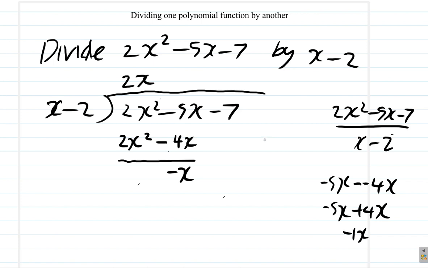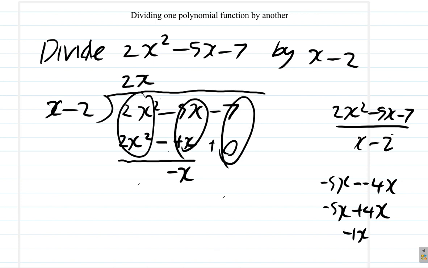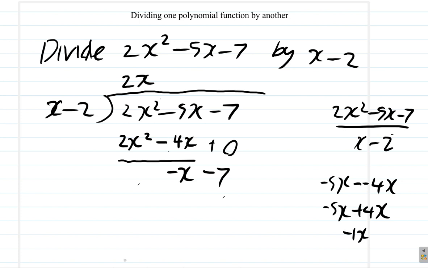Good. Now you have a plus invisible 0 here. So you don't just subtract this and this, you subtract this as well. Negative 7 minus 0 is negative 7. The same as saying that you bring down the negative 7.